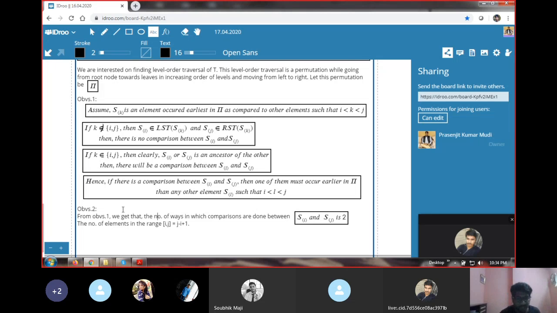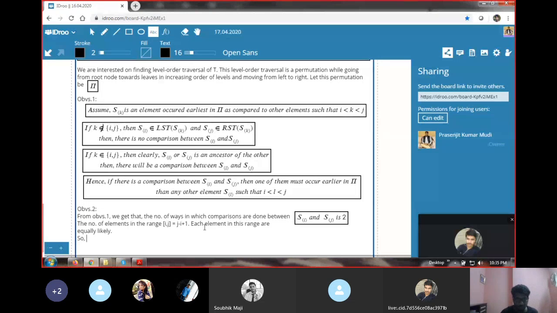So we are interested in finding the total number of elements in the range ij, that is j minus i plus 1, and each element in the range is equally likely.